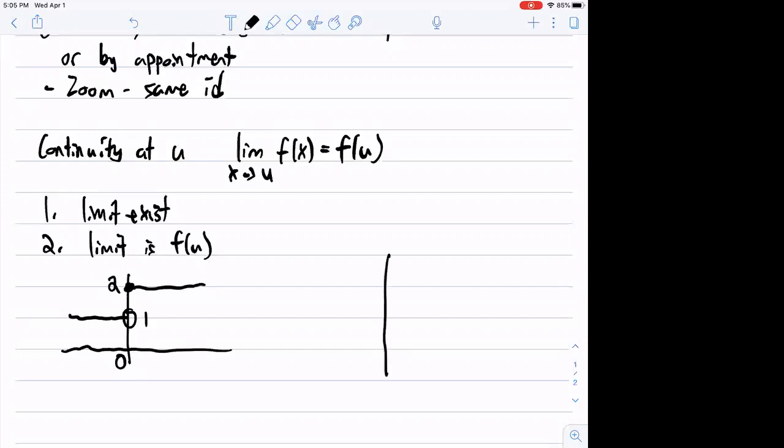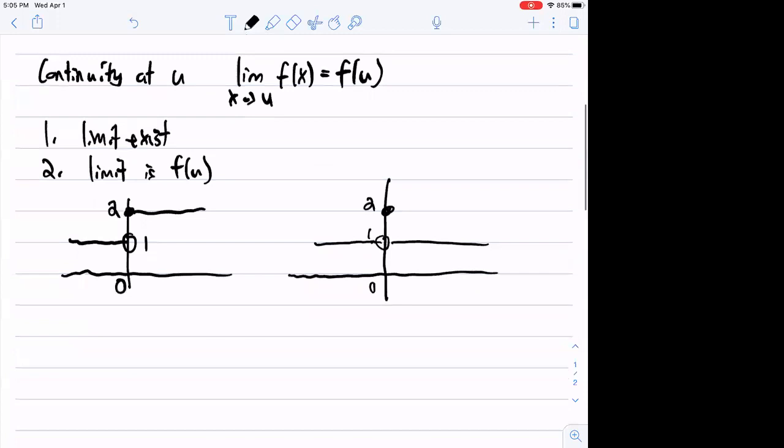An example where the limit does exist but the value is not f of u: again this is 0, 1, 2. Here the limit from the left and the limit from the right are both 1 as you go to 0, but the value of the function at 0 is 2. So this is the case where 1 works, but 2 fails.